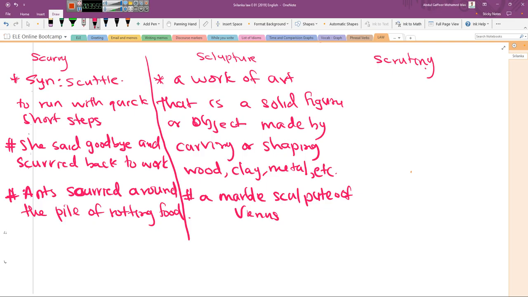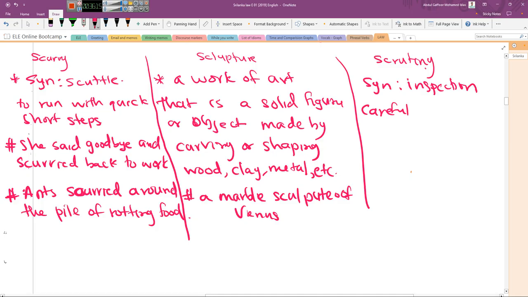So scrutiny means inspection, right? The synonym is inspection. The description of that word is careful and thorough examination.